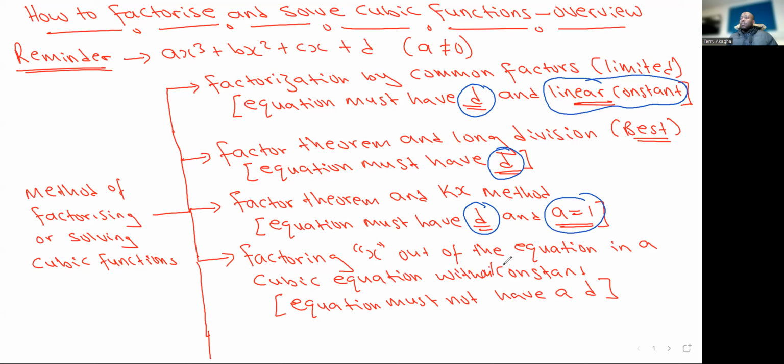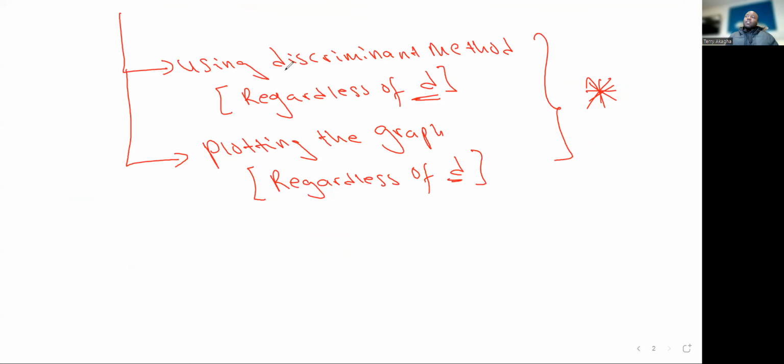So it's without constant, and in this case it must not have a D. That means there should not be a constant, okay? And the other two methods, discriminant method and plotting the graph, you can play around with, but I'm not going to talk about them in this video.